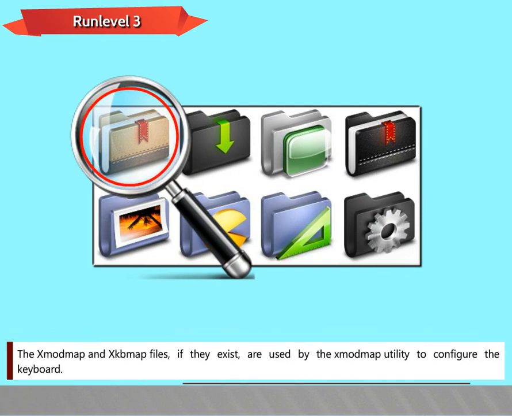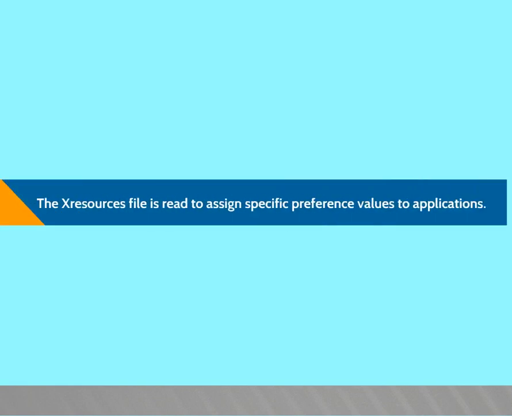The Xmodmap and Xkbmap files, if they exist, are used by the xmodmap utility to configure the keyboard. The X resources file is read to assign specific preference values to applications.